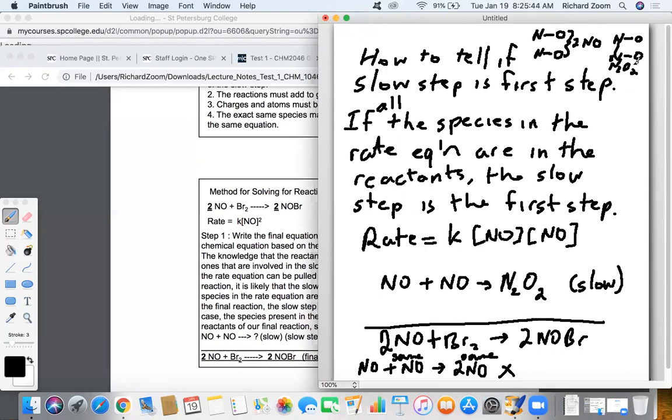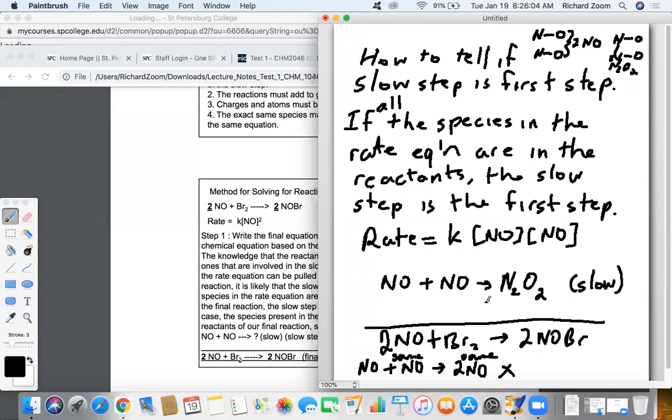N2O2 is joined together as one molecule, whereas two NOs are two separate NO molecules. So N2O2 is different to two NOs. And that's why I couldn't use that as my reaction for the slow step. Anybody have any questions so far?